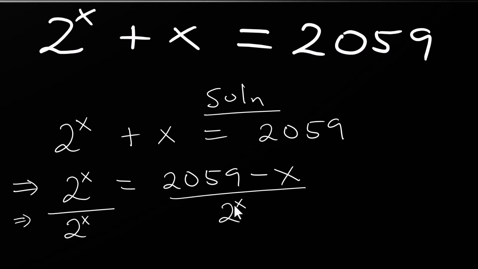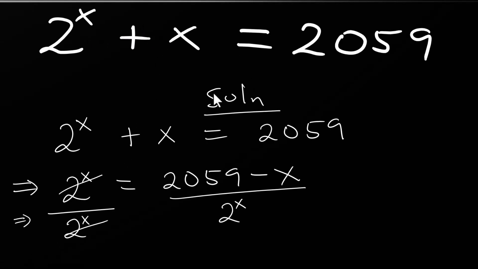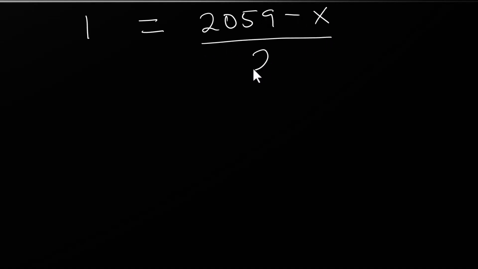To the power x, and this side will cancel. So I will leave it 1 equals (2059 minus x) over 2 to the power x. Okay, now let me write this one on my left, then write this one on my right.